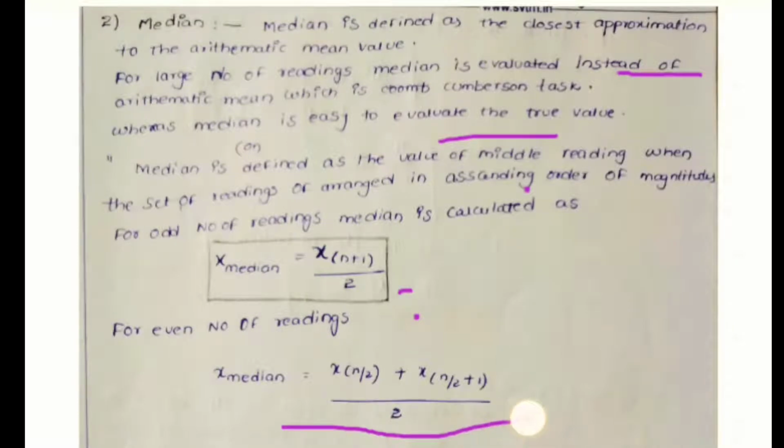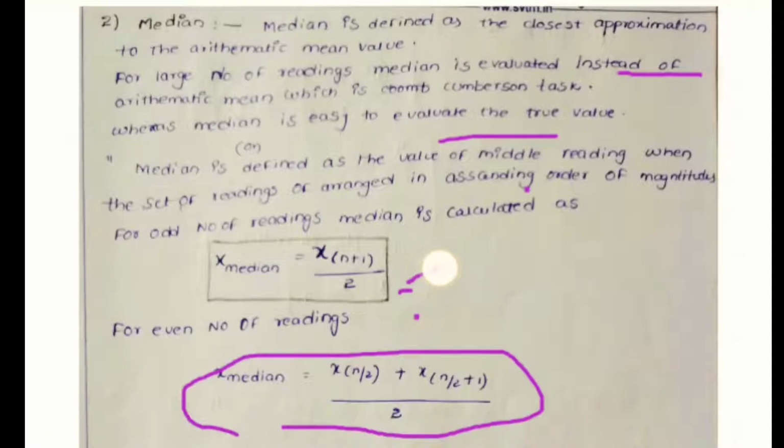For example, if there are 25 readings arranged in ascending order, x median is calculated by x of (25 plus 1) by 2. That is an odd number, so we add 1 and divide by 2. For an even number, we consider x of n by 2 plus x of (n by 2 plus 1), divided by 2.